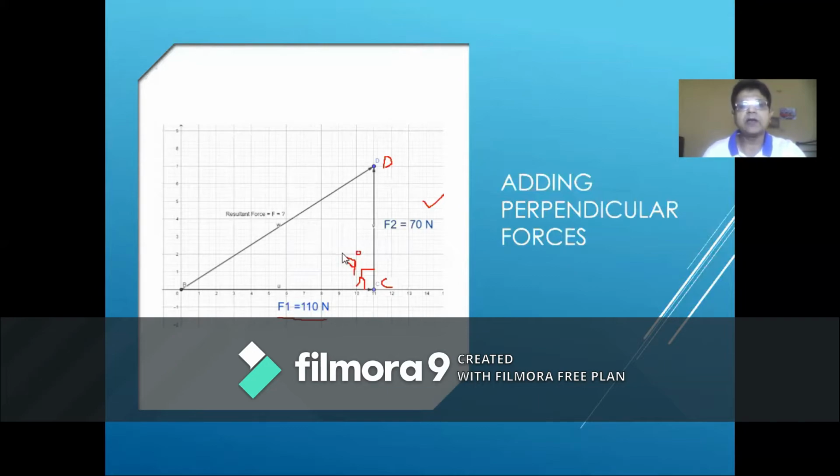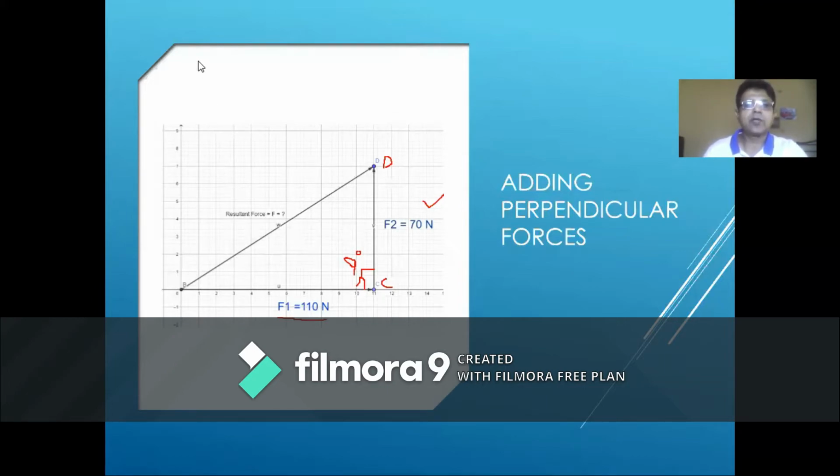How can we find its resultant force? This is our perpendicular, this is our base, and this is our resultant force BD. So how can we find BD? Here we can use the Pythagoras theorem.